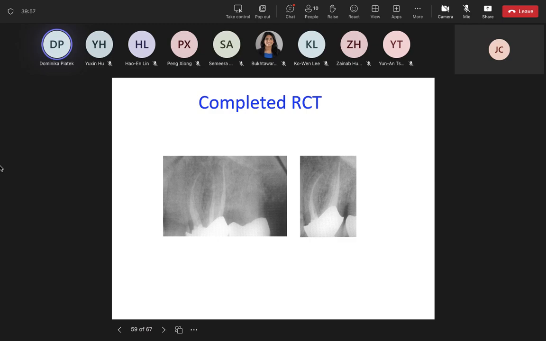In most of the cases, especially in the cases of pulp treatment, which is not complicated with periapical inflammation, we're trying to fill root canals directly to the apical constriction, to the apical foramen, because between the apical foramen and the tip of the tooth, we've got some kind of mixed tissue, which is something between pulpal tissue and periodontal ligament tissue.